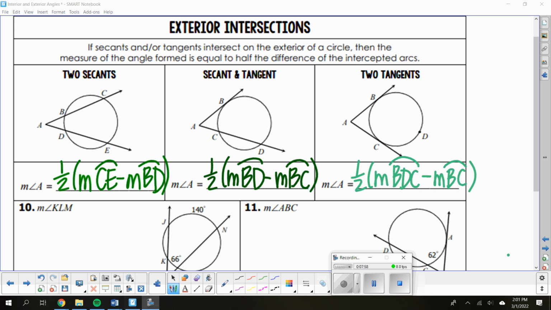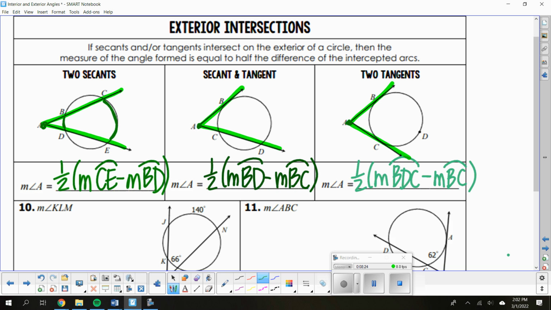Alright, on these ones, we have our exterior, so our angles have a vertex on the outside of the circle. Just like on the inside, we are going to be tracking 2 different arcs. On the first one, I am tracking CE, and I'm also tracking BD. So my formula is 1/2 CE minus big BD.